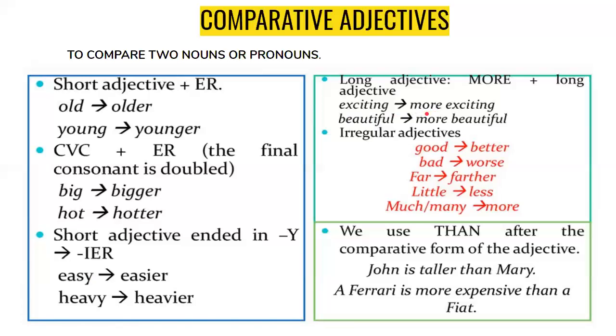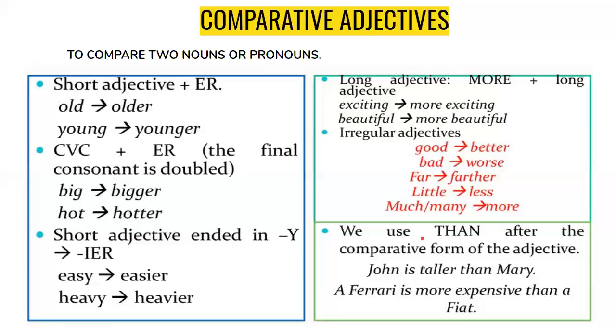And last but not the least, we have some irregular adjectives: good, better; bad, worse; far, farther; little, less; much or many, more.